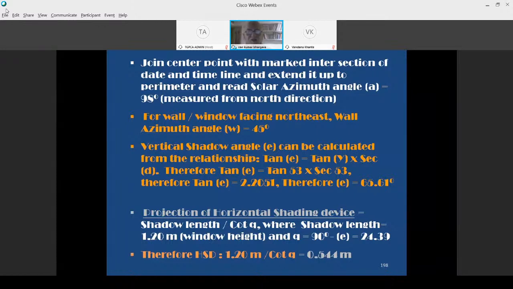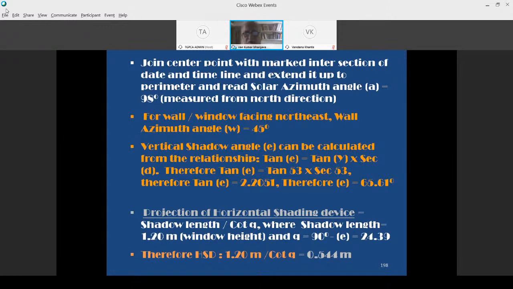This will be the solar azimuth angle alpha, or here I have used A for alpha. Read it, and it is around 98 degree measured from north direction.